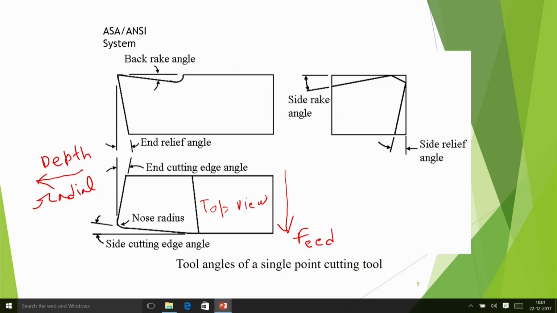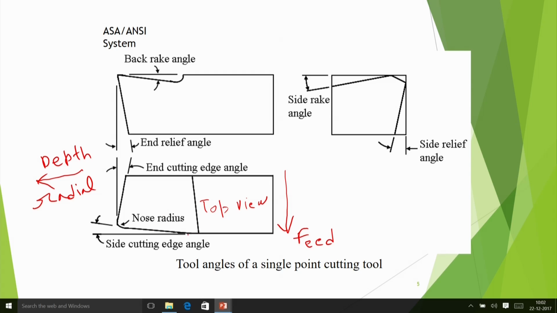In this view you are seeing that this cutting edge is a bit inclined from the feed direction; it is not totally perpendicular to the feed direction. This angle is called the side cutting edge angle. It may be 5 degrees or 10 degrees, depending.